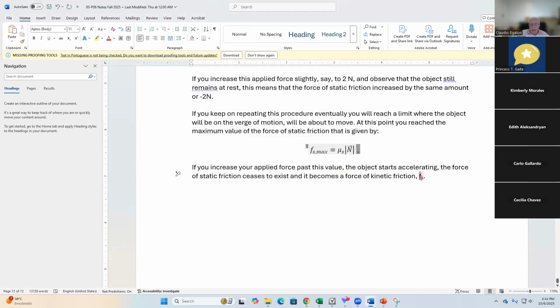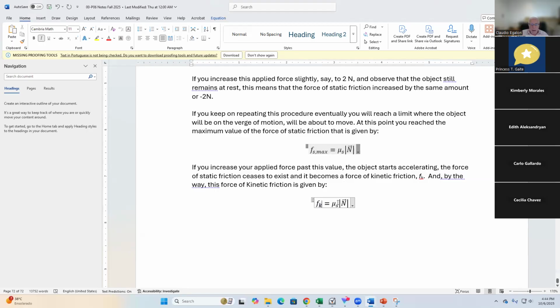By the way, this force of kinetic friction is given by, and that's the neat thing about it, the same format.